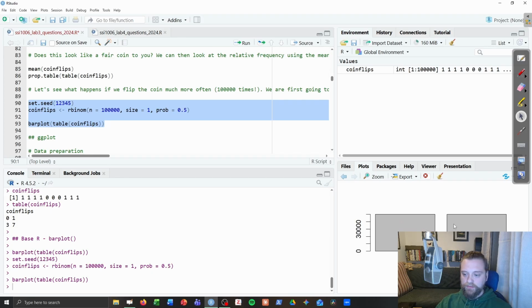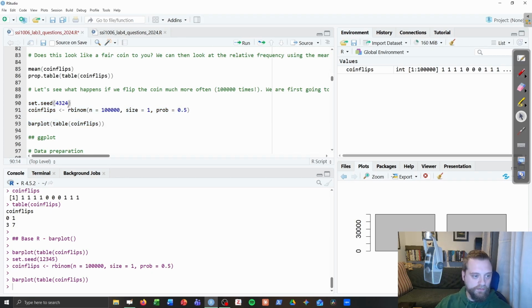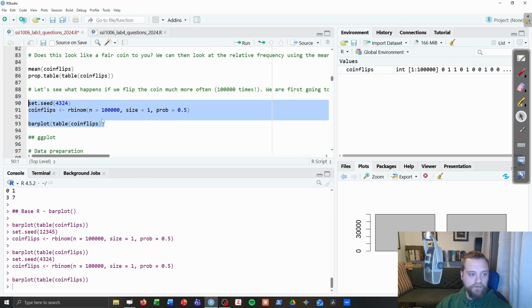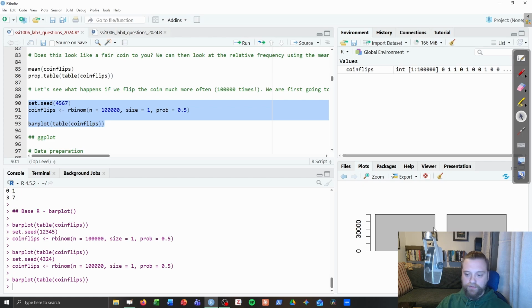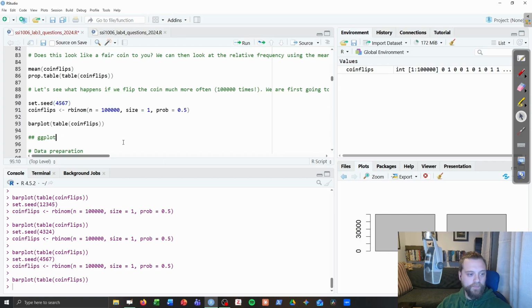If we run this, we're going to see, really no matter what we set the seed to, so I can change that again, we're always going to get exactly the same outcome, because across 100,000 iterations, there's never going to be any difference in the aggregate results. The individual results will be different though, and you can see if you looked at the top corner of the screen here while I was running that, the exact order of ones and zeros will be different, but the aggregate outcome will be just the same.